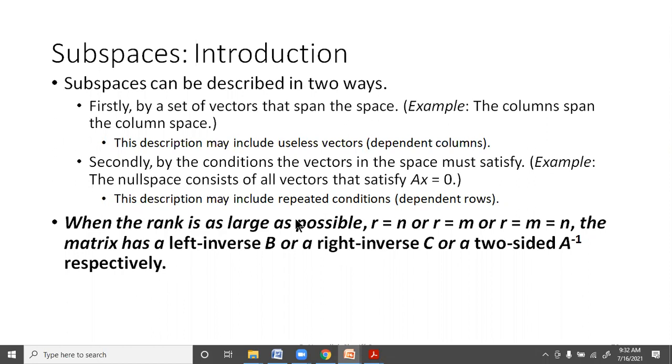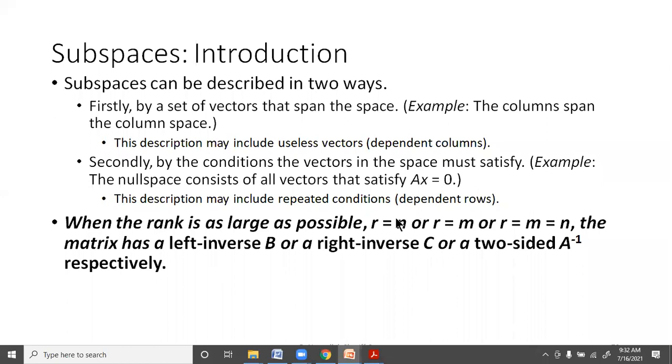So when the rank is as large as possible, that will give us r equal to n, or r equal to m, or r equal to m equal to n.